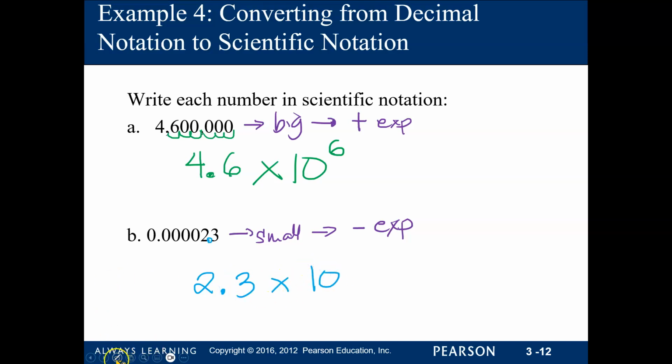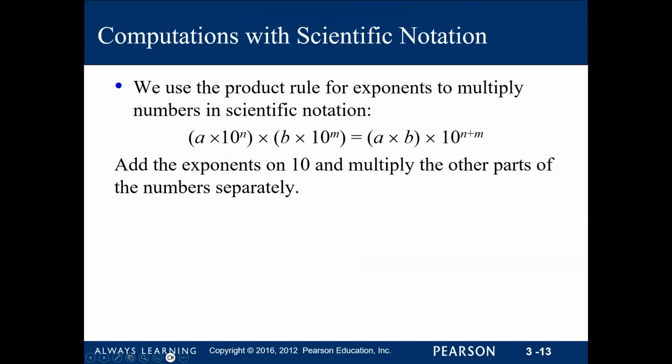How many decimal places do we need to move to get in here? That will be 1, 2, 3, 4, 5. And because it's a small number, this is going to be 10 to the negative 5. So that is how we work with changing decimal notation to scientific notation.